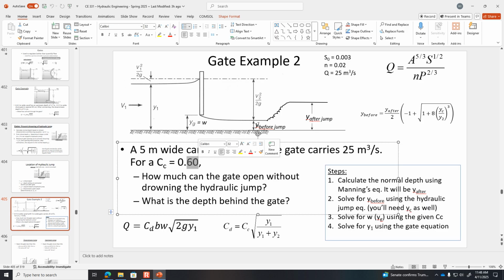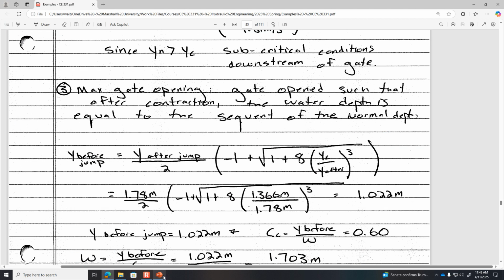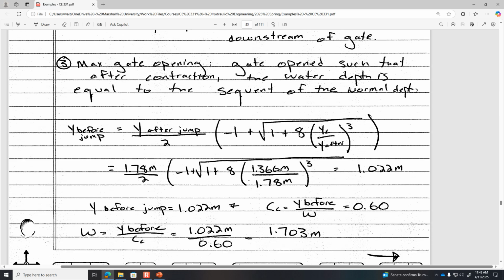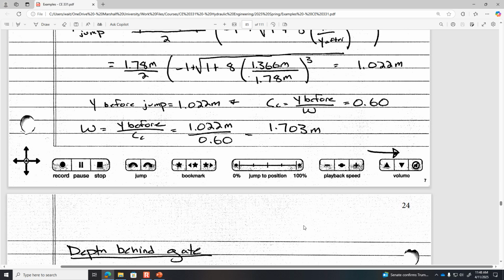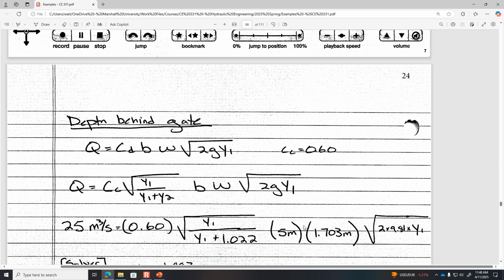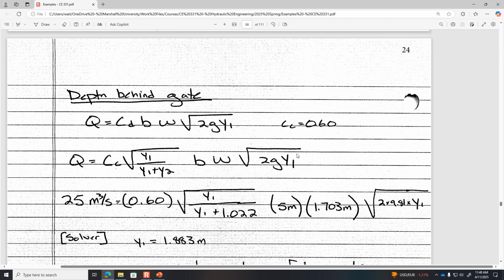So if we know that the depth after it contracted is this 1.022, then that means that the gate itself is opened to a depth of 1.703. And then therefore we put that into the gate equation and find out that the depth upstream of the gate would be 1.883. So I'm going to email you this one as well, this solution.